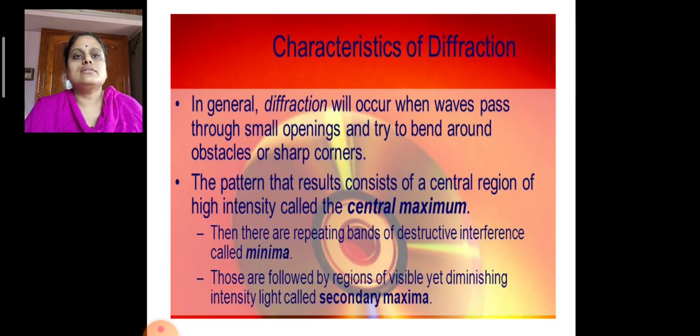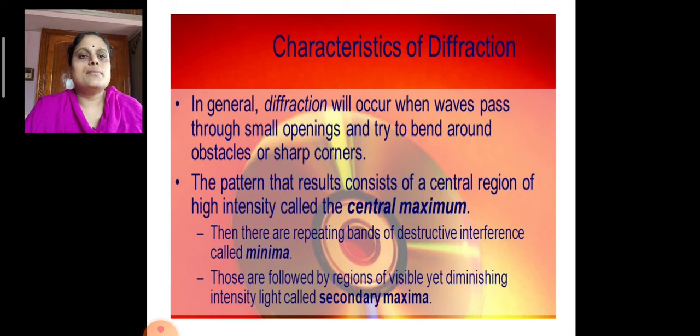In general, diffraction will occur when waves pass through small openings and try to bend around obstacles or sharp corners. The pattern that results consists of a central region of high intensity called the central maximum.